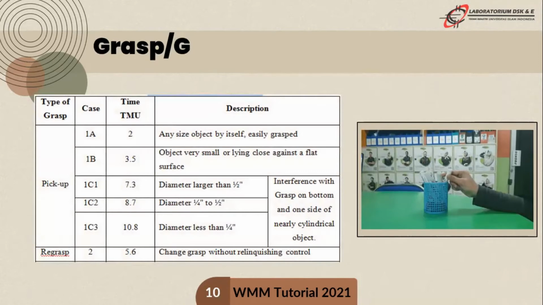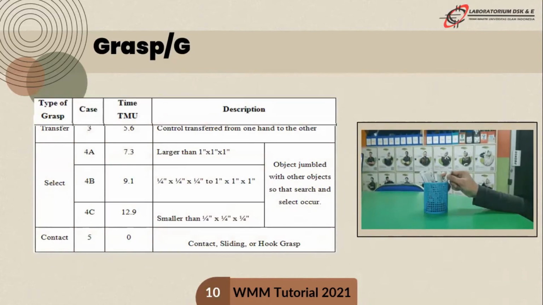And then to determine the time TMU, you have to consider which case the activity falls into. There are 1A, 1B, 1C, 2, 3, 4A, 4B, 4C, and 5. To determine where the activity falls, you have to read the description on the table and determine the case.